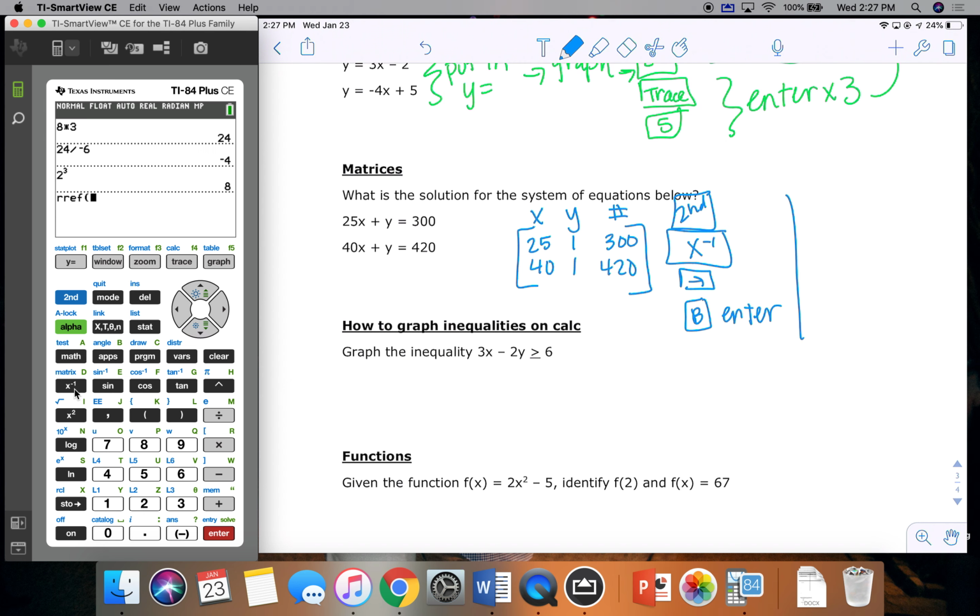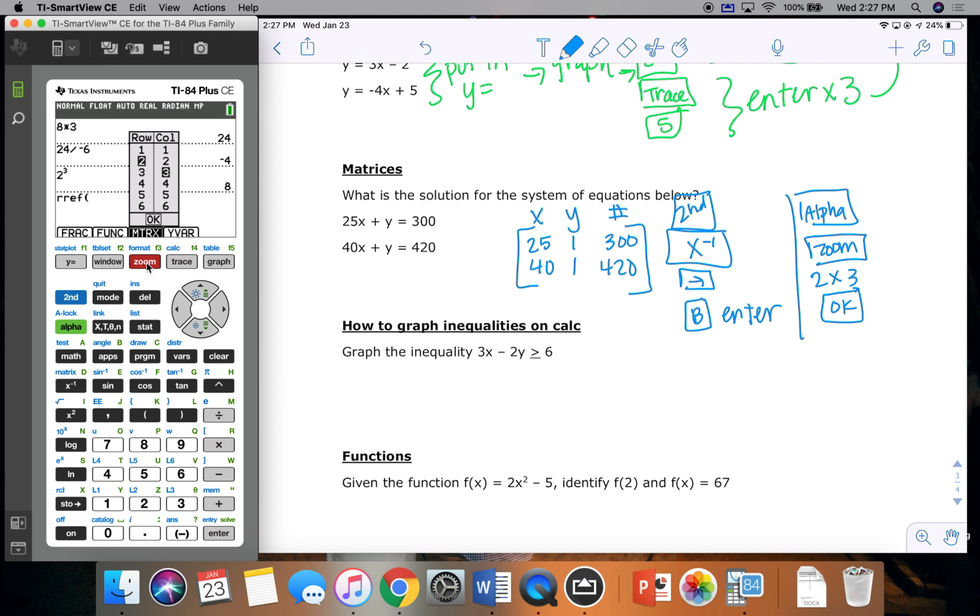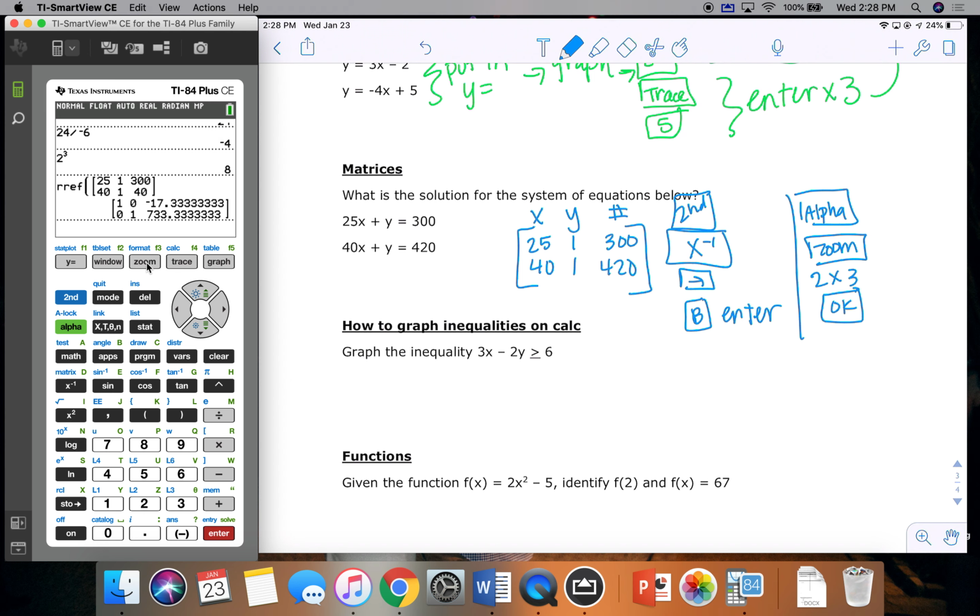And then I click alpha, zoom. You want a 2 by 3, and then click OK. So alpha, zoom, 2 by 3 is already selected, so I click enter for OK. And then I enter my matrix like I see it. Oh, that was not how I saw it.